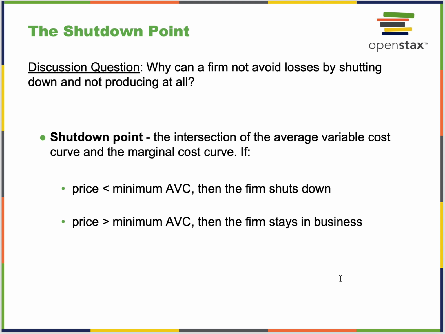If the price is above the average variable cost, then the firm stays in business. You might not be making money, but at least if the price is above the average variable cost, everything you make will be contributing. You're just not contributing enough volume to break even or be in a positive profit.